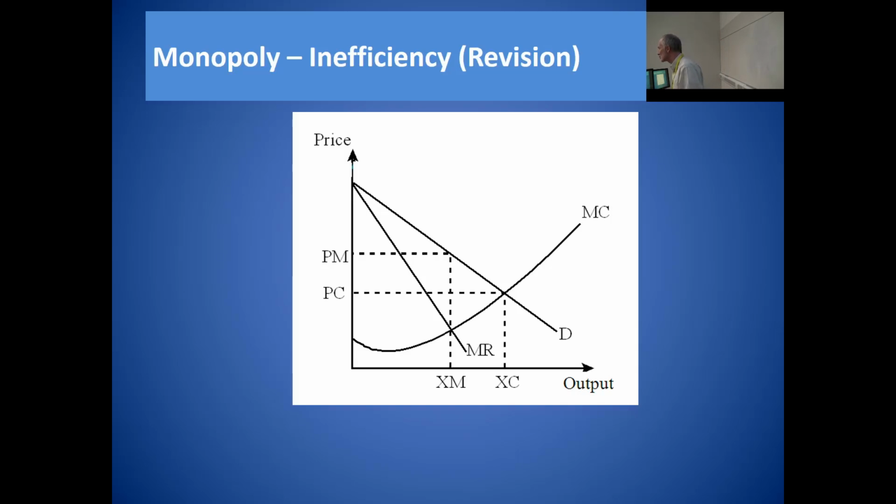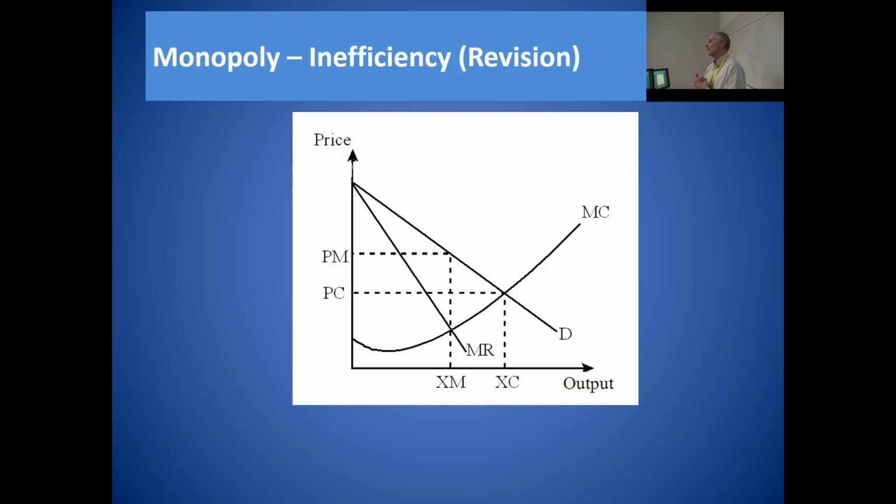Perfectly competitive firms charge a price equal to the marginal cost of production. So, that marginal cost curve for a perfectly competitive industry will trace out the industry supply curve. So, it's the marginal cost curve for the monopolist, but it's the industry supply curve for a competitive industry.